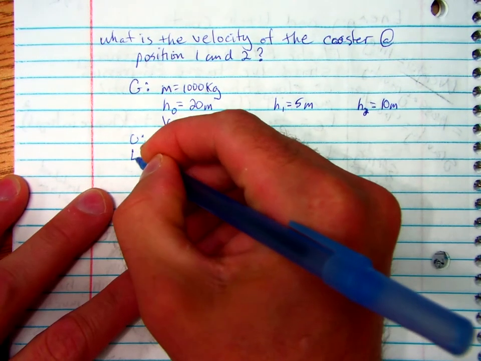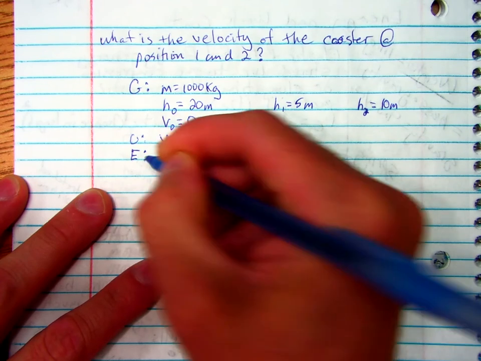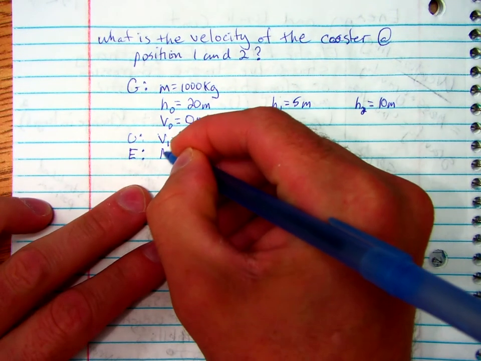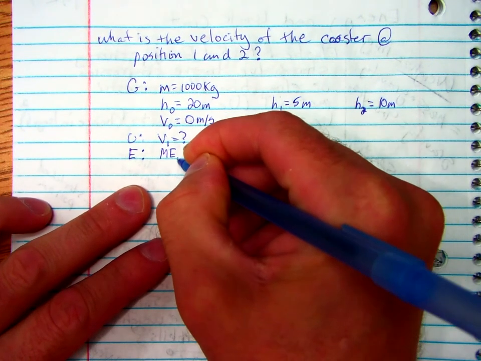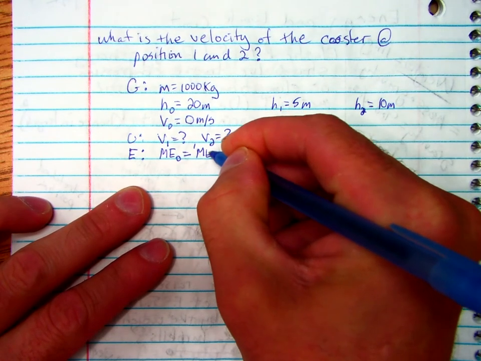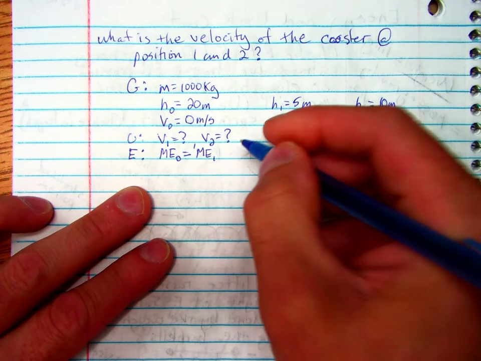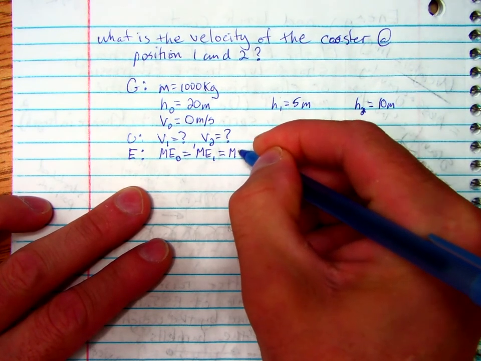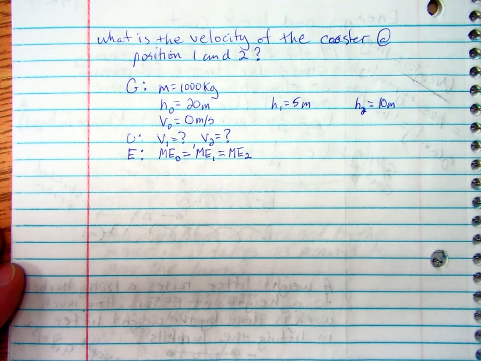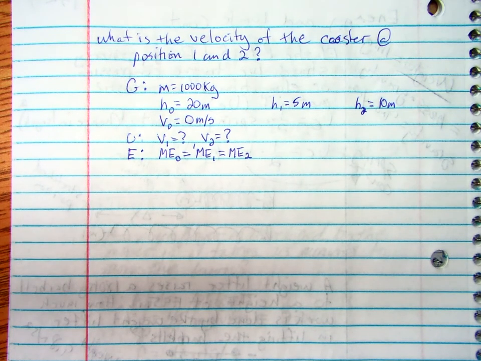Okay, our equation that we're going to use is the conservation of mechanical energy. So the big equation, the overall equation really is just mechanical energy at position 0 equals the mechanical energy at position 1, and that equals the mechanical energy at position 2. Okay? Now, we can substitute our definition of what mechanical energy is into this equation.